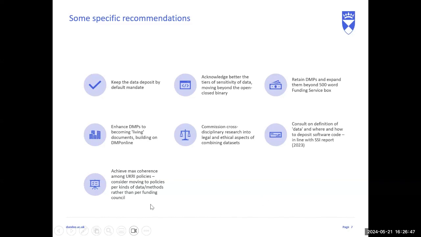Also, we have recommended maximum coherence among different policies for different research, kinds of data or methods, for example.